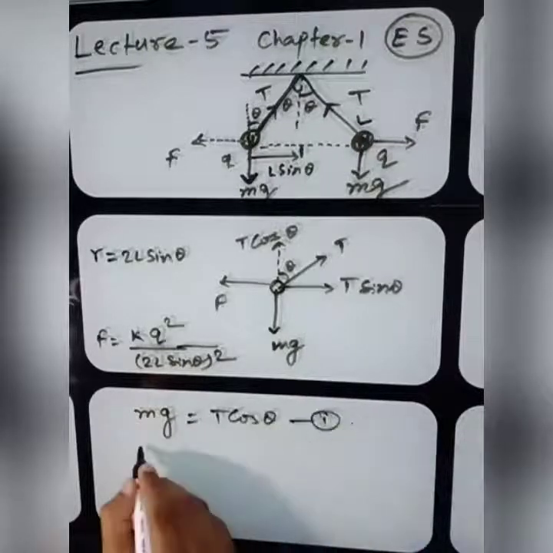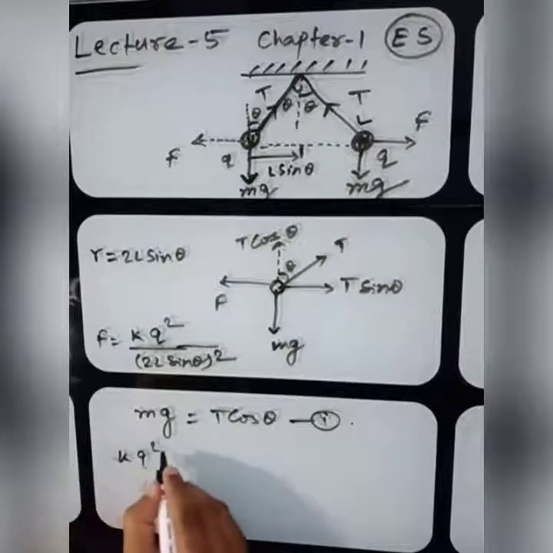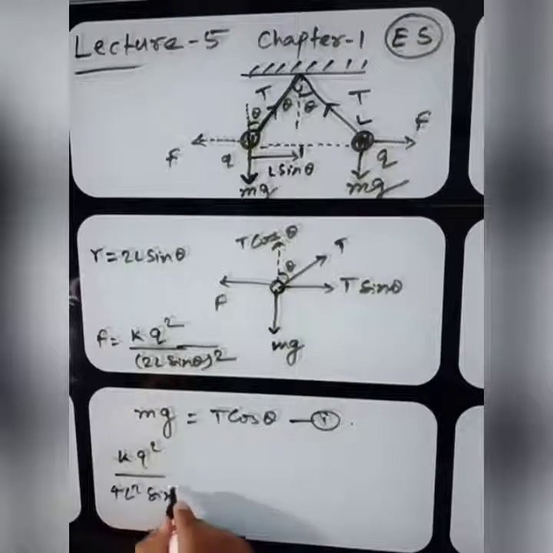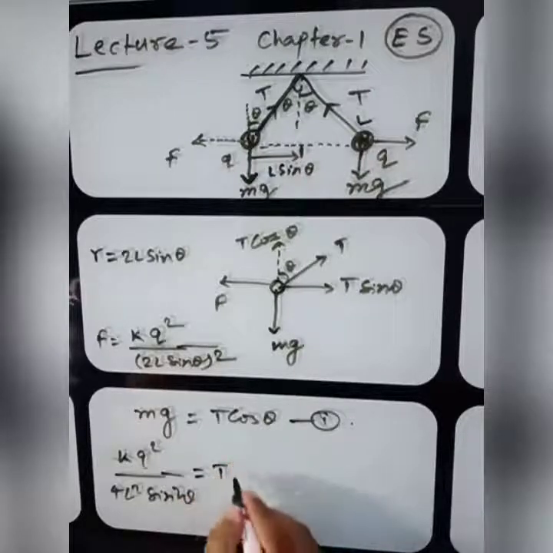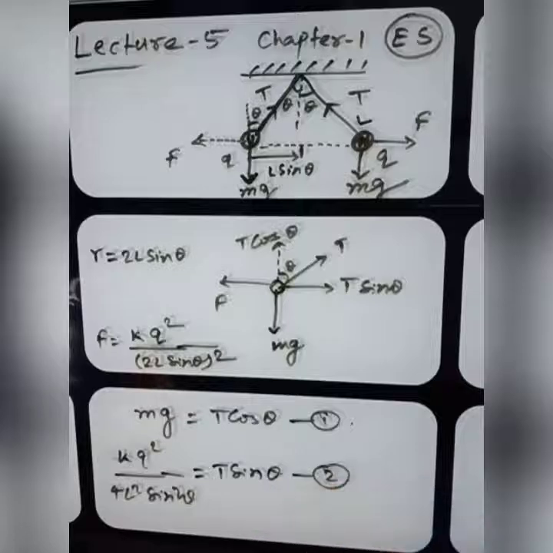And F, that is kq square by 4L square sine square theta, will be equal to T sine theta. Okay, this is equation 2.